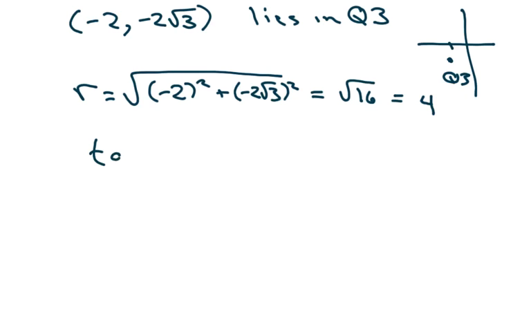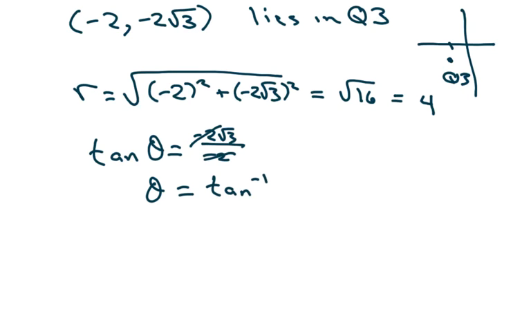Now, tangent of theta equals y over x. So our angle, these cancel, is inverse tan of square root of 3, which equals pi over 3. But pi over 3 is in quadrant 1.